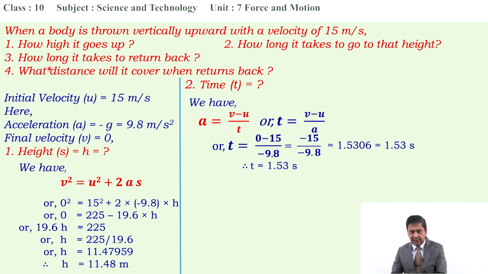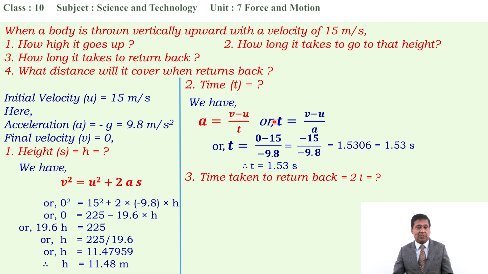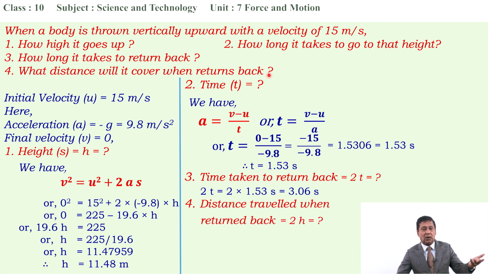Now the third question is how long it takes to return back. The time it takes to go to maximum height, the same time it will take to come down also, because acceleration is the same. So we can say that time taken to return back is 2 into t. 2 into t equal to what? 3.06 seconds. Now the last question: what distance will it cover when it returns back?